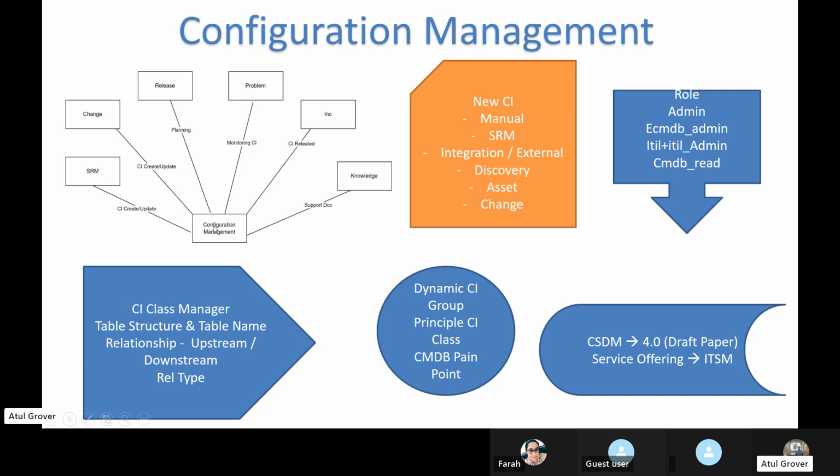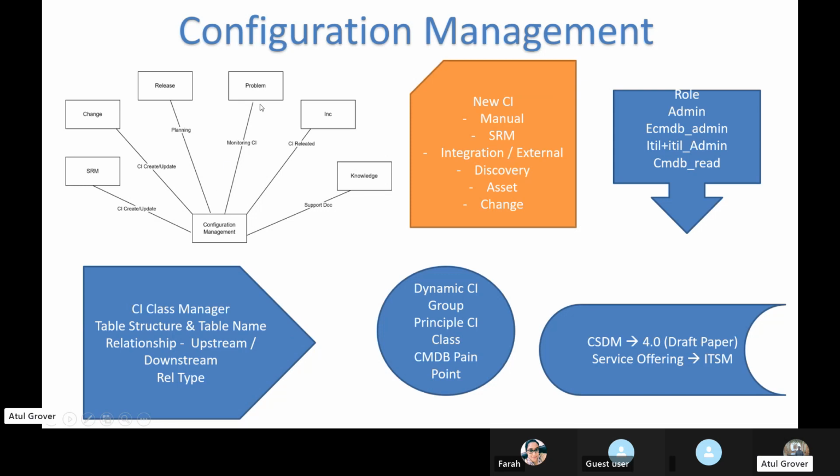Now how are change and CMDB interrelated? Again, you can raise a request to create a new CI from change, or you can update the CI from change management as well. How is release management related? Release is basically done for the product level or for a big service level, and this service is also stored in the CMDB somewhere.